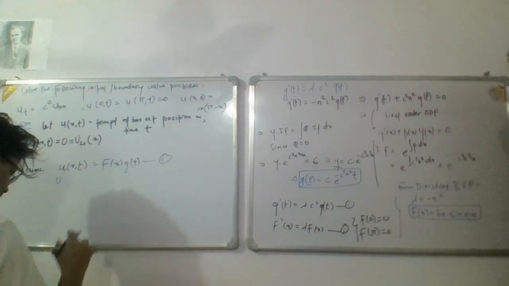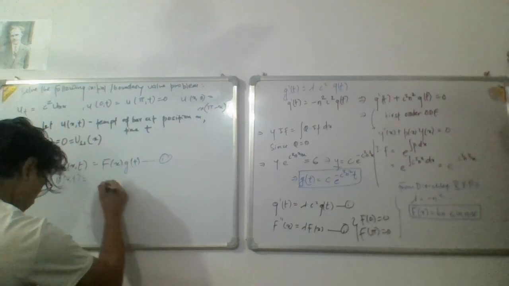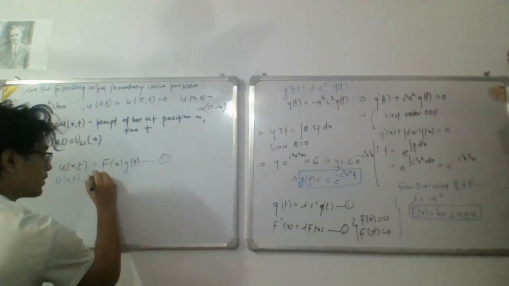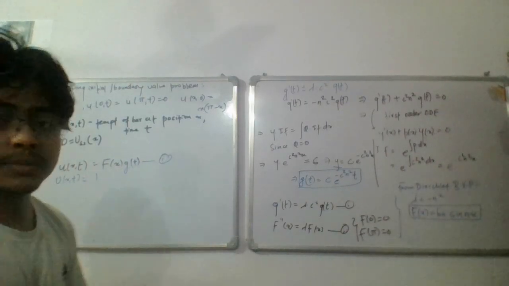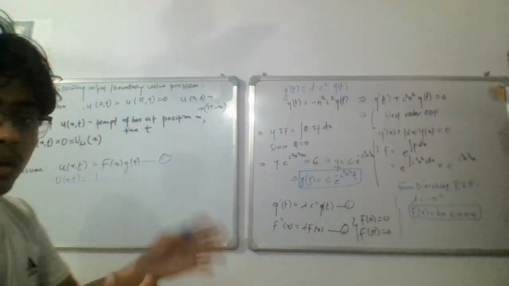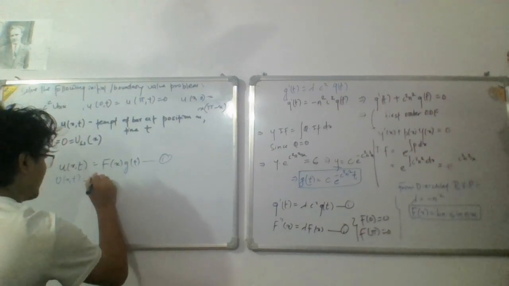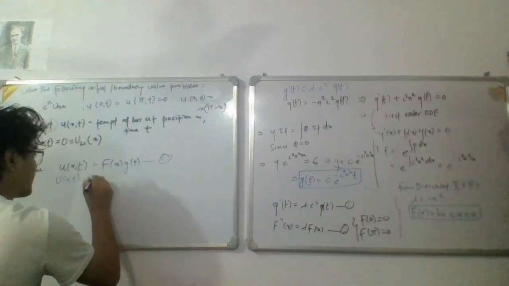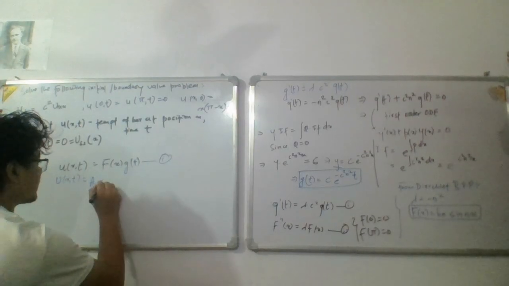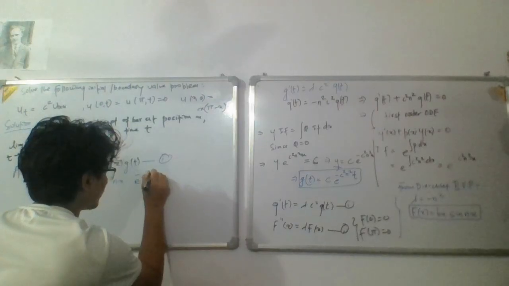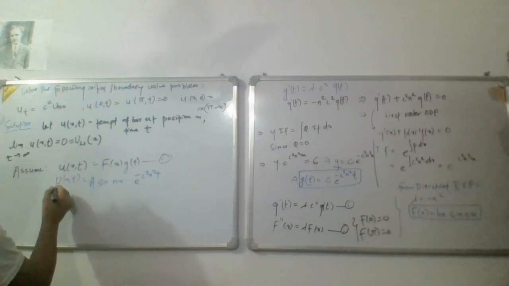Okay, now if we substitute it here, u of x, t is the constant times sine of nx. Let's merge this constant and c as a whole, as a single constant, and let's say that to be a. So a sine of nx e to the power minus c squared n squared t.